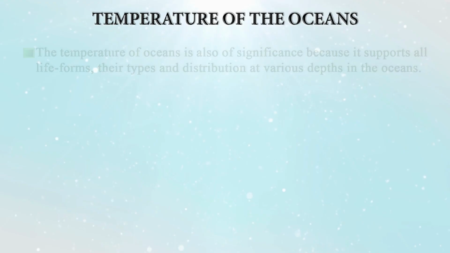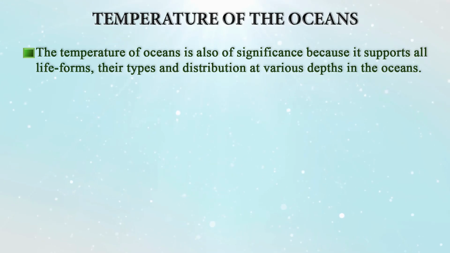Now, when we study the temperature of the oceans, you may recall that heat is a form of energy and temperature is the measure of its intensity, or the measure of the degree of hotness of an object.